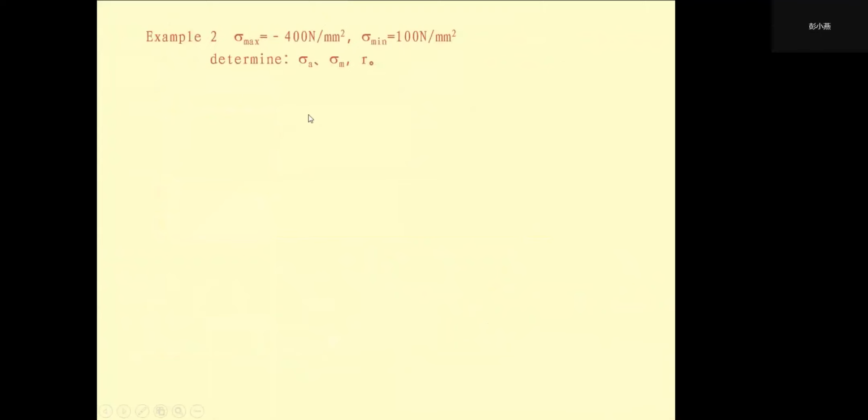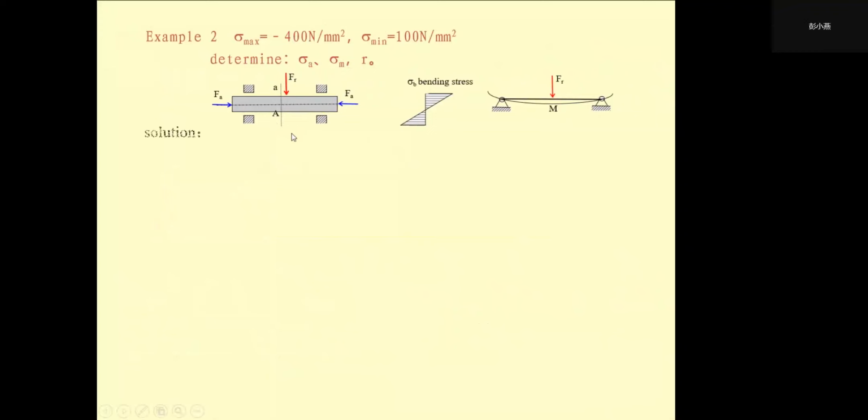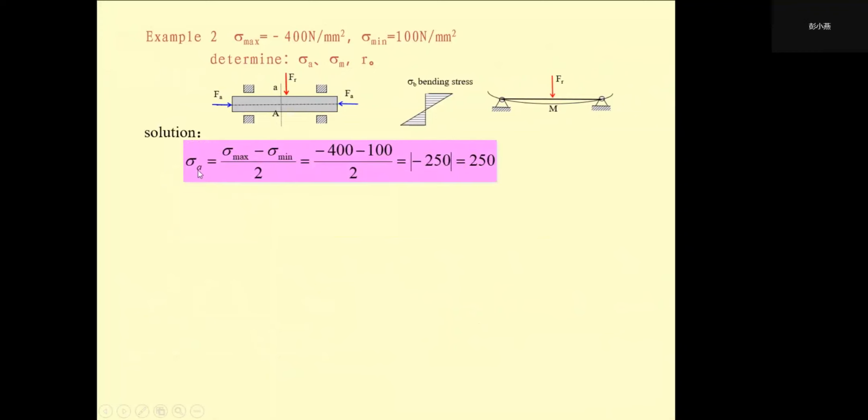Example 2. We have that the maximum stress is minus 400 and the minimum stress is 100. Let's determine the stress amplitude, the mean stress, and stress ratio. Like this. Okay.